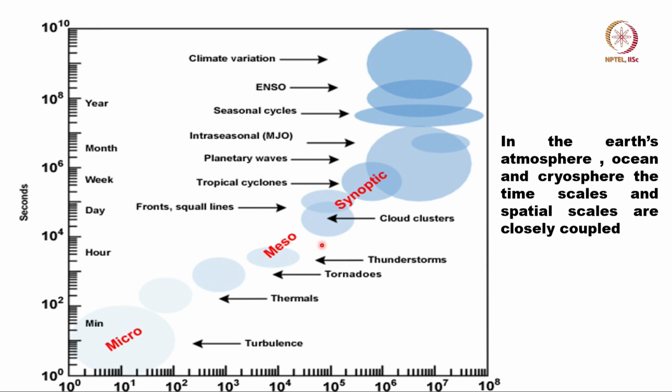And if you are interested in a tornado, you have to go to a smaller scale. So you have to choose what time scale you are interested in and the appropriate spatial scale. They are connected, they are not independent. So you have to choose your application, choose for what time scales you want to simulate, and choose the appropriate model which will take care of that time scale along with that spatial scale.